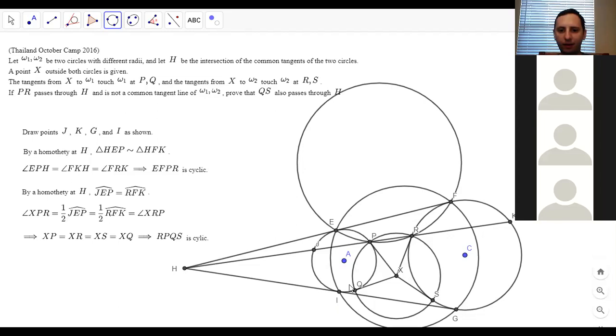Yeah. So okay, so yeah. Or we might be able to show that IQSG is cyclic. That is the same, I think. Yeah.